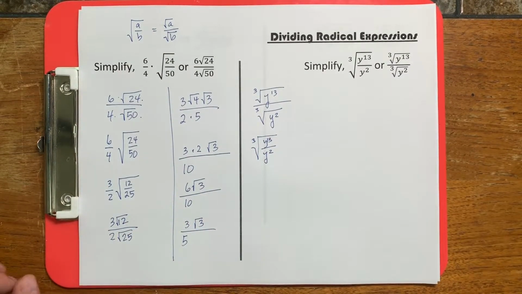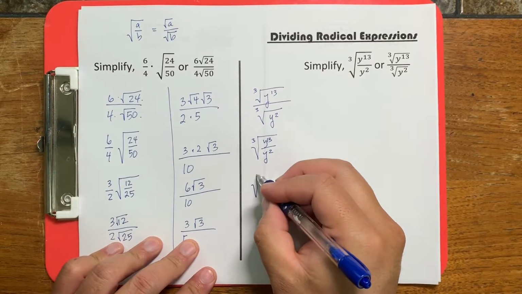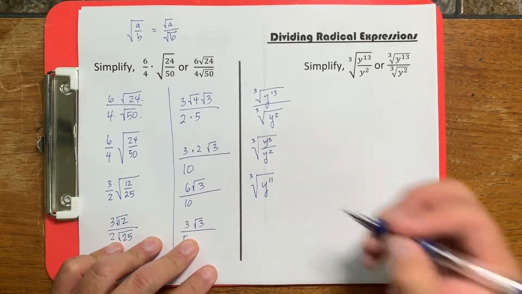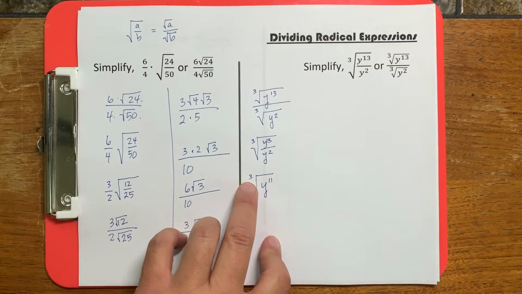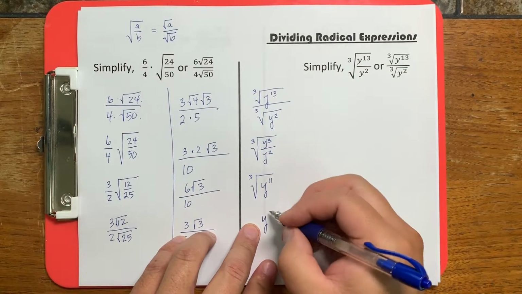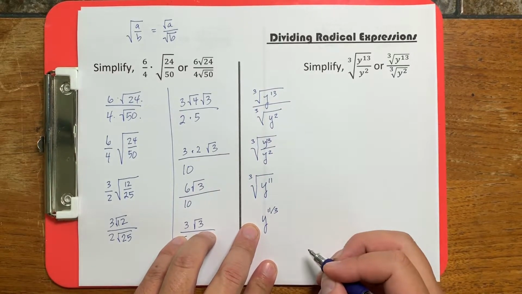Now, what we want to do is simplify the inside. Now let's deal with simplifying this variable. My index is 3, so I can remove the variable from the radical by dividing by the index.